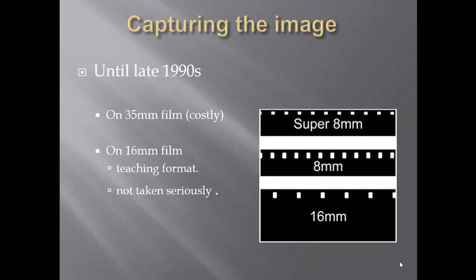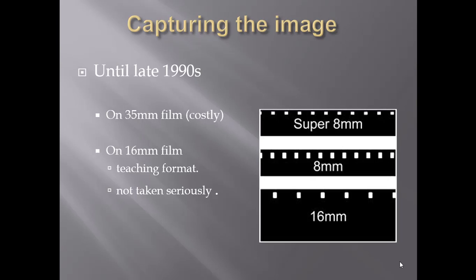As regards capturing the image, until the late 1990s, you could capture image on 35 millimeters film, which was really expensive, costly, or on 60 millimeters. That was not taken seriously, was more considered teaching format because the quality was not that good.